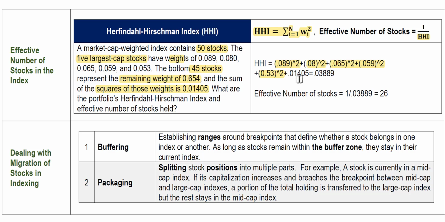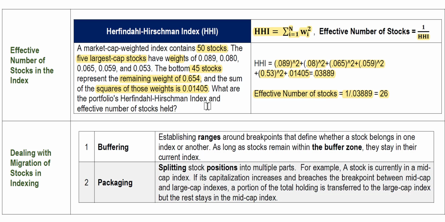Suppose we calculate that to be 0.01405, and then we add together to get 0.3889, and the reciprocal of that is 26, which is the effective number of stocks.